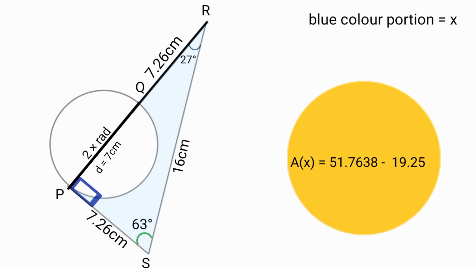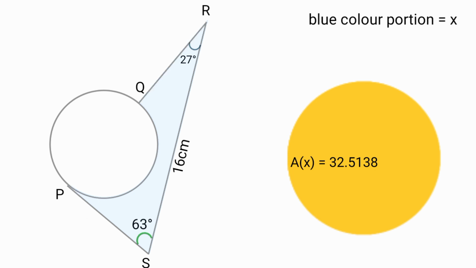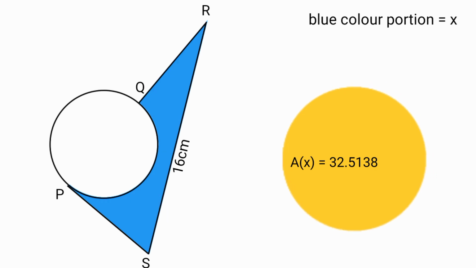So area of X now equals 51.7638 minus 19.25, which is 32.5138. So the total surface area of the blue color portion is 32.5138 centimeters squared.